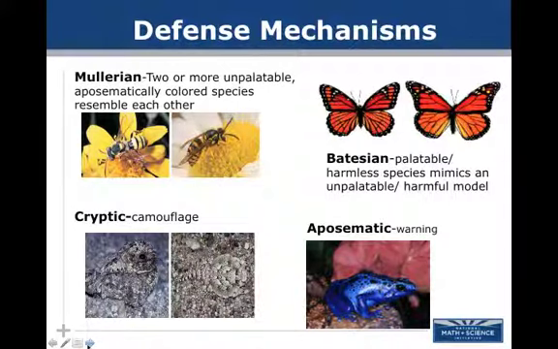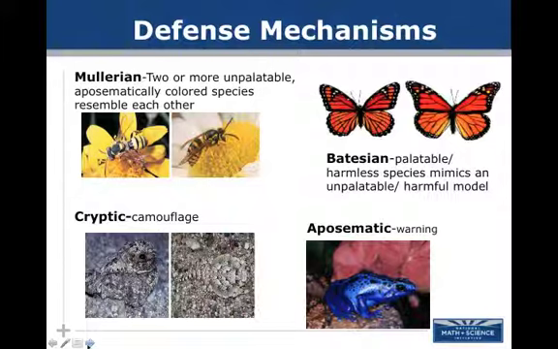Sorry, the bees was the Müllerian. So you have two or more unpalatable species, and they resemble each other in color, and that's Müllerian. I'm sorry, up with the bees. Batesian with the butterflies, where you have one that's palatable and one that's not, and there's some mimicry there.